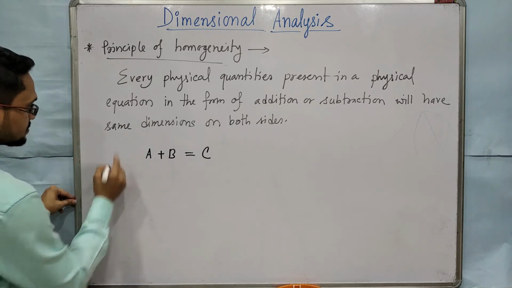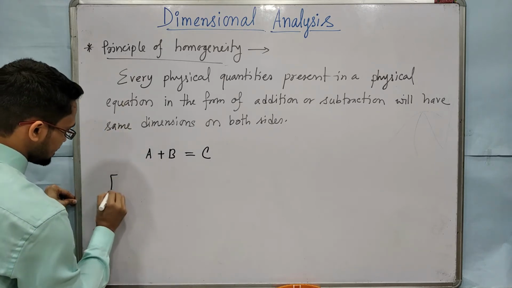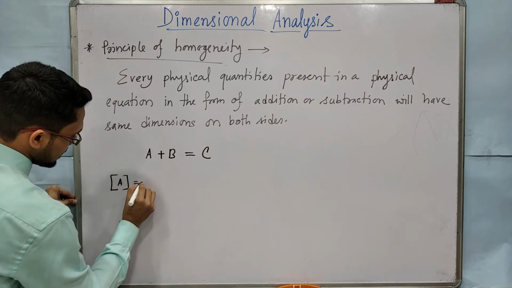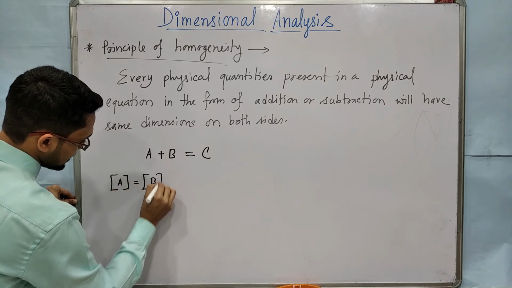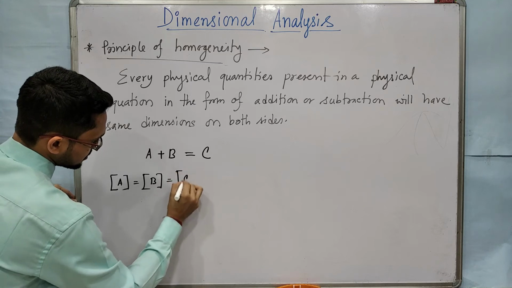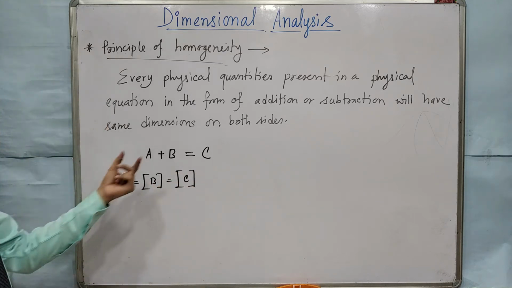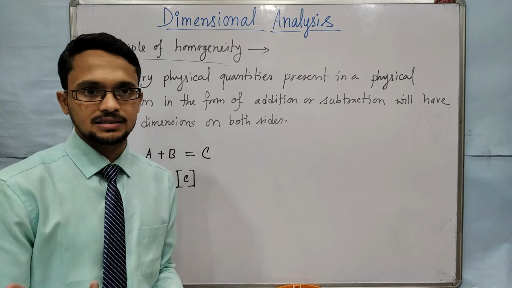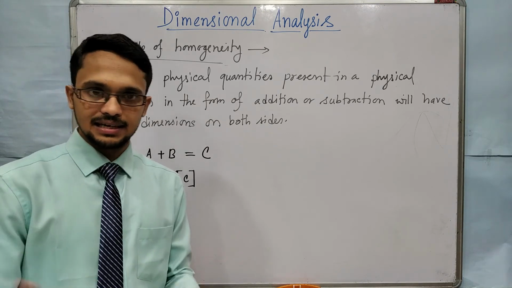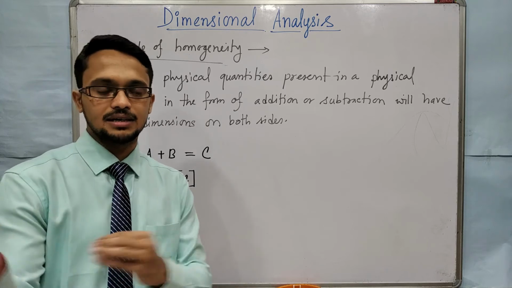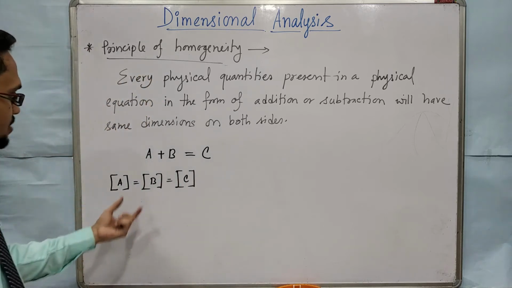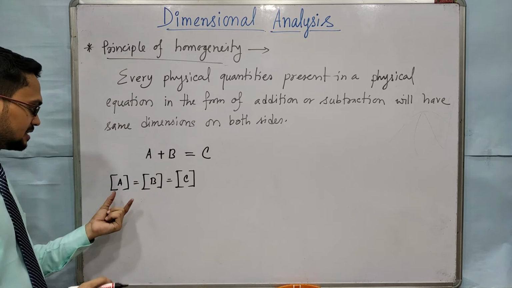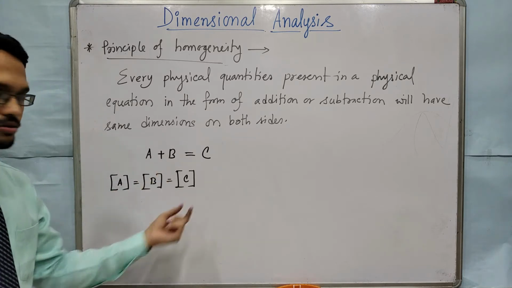Then from this principle of homogeneity we can write dimension of a equal to dimension of b equal to dimension of c, because similar quantities can be added or subtracted. 5 kg rice will be added to 10 kg rice, not 10 kilometer length. So similar quantities can be added and subtracted. For that reason their dimensions should be the same.